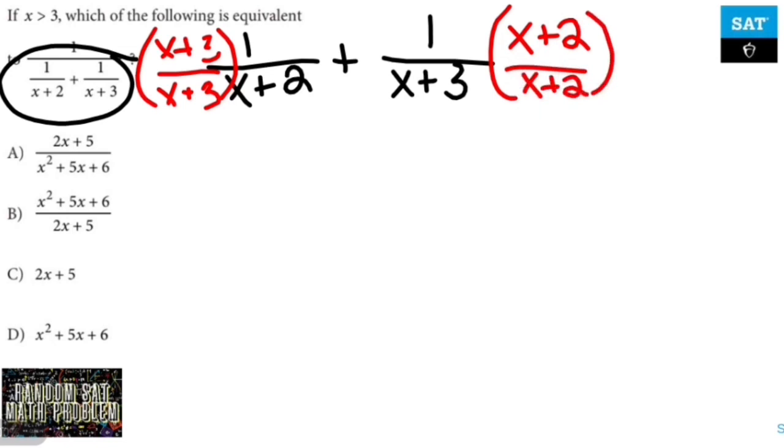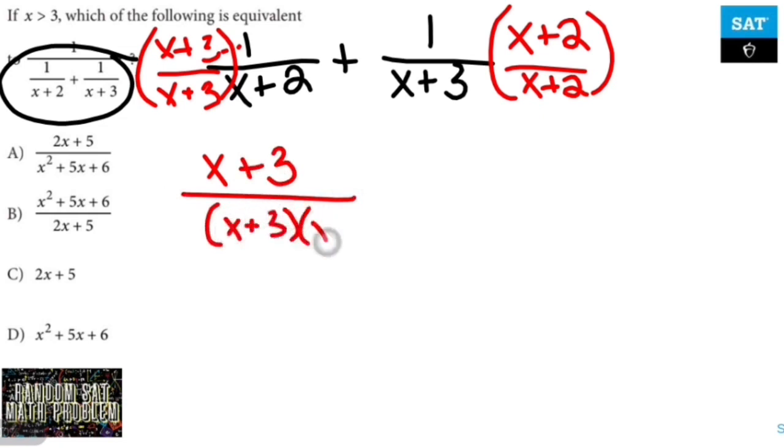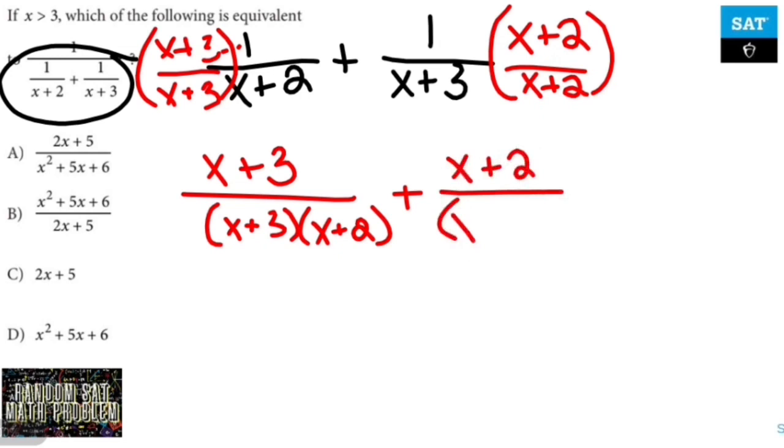So when I do that, I have x plus 3 times 1, so x plus 3 over x plus 3 times x plus 2, plus this guy gets multiplied by 1, so x plus 2 over x plus 3 times x plus 2.